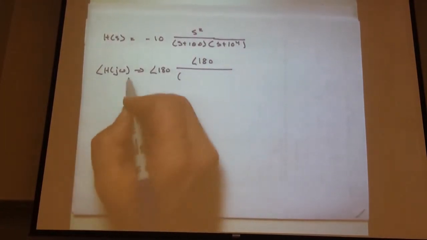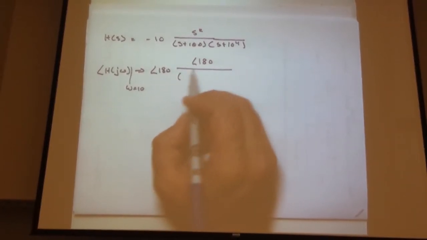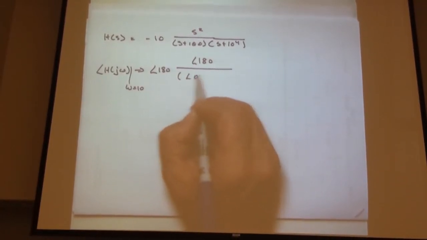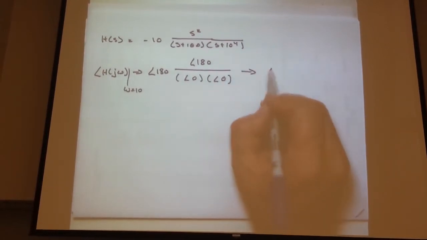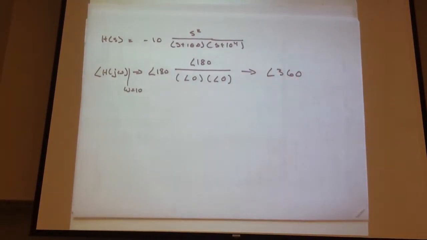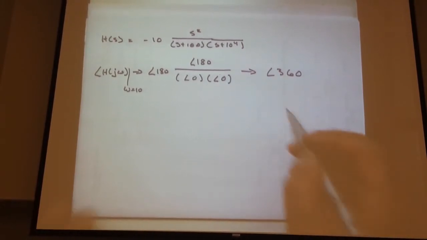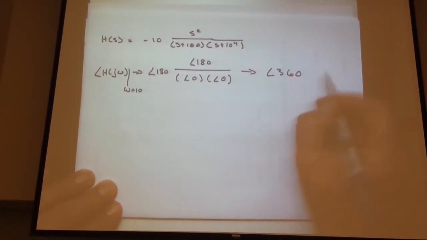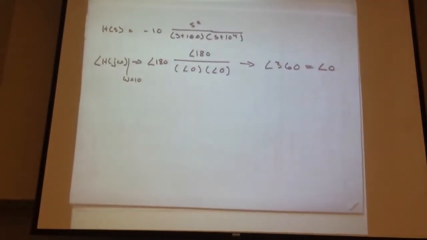Let's say we're looking at omega equals 10, just to make it interesting. So we have angle 0 and angle 0, and that goes to angle 360. What's angle 360? 0. So the phase plot wraps, which is important.